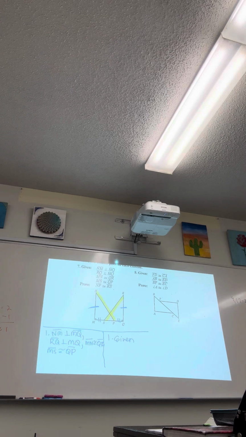Anybody know what to do? Daniel, I want to say that you can do side angle side. Okay, if we did side angle side, we would be proving that triangles are congruent.